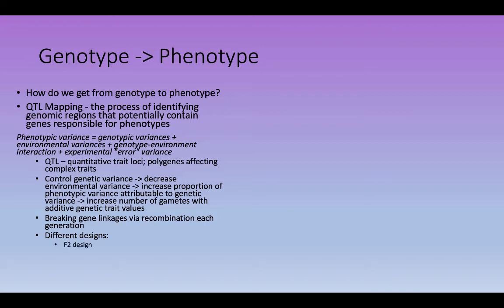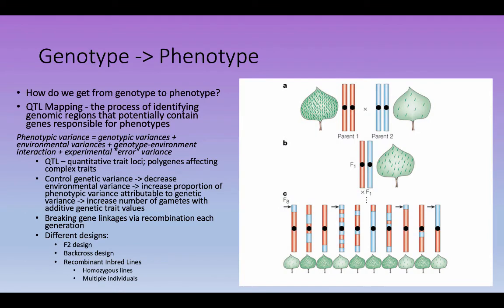There's a couple different designs. There's the F2 design, there's the backcross design, but typically we would always want to start off with some recombinant inbred lines. An example of what one of these experiments might look like is shown over here on the right, where we start off with two recombinant inbred lines, two parents where the chromosomes are basically the same.